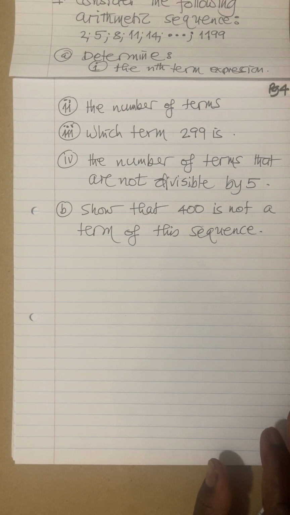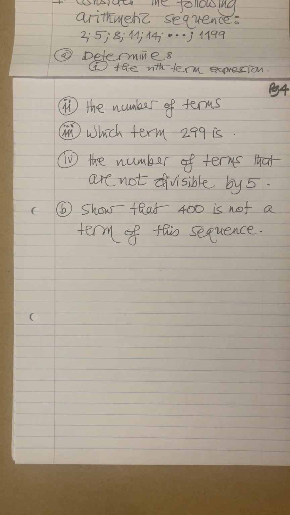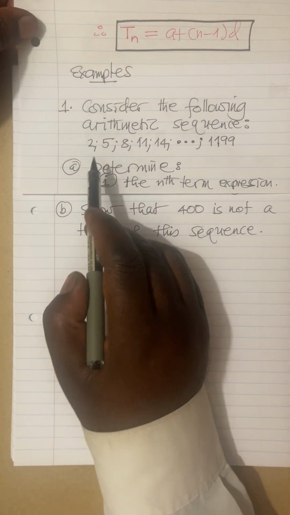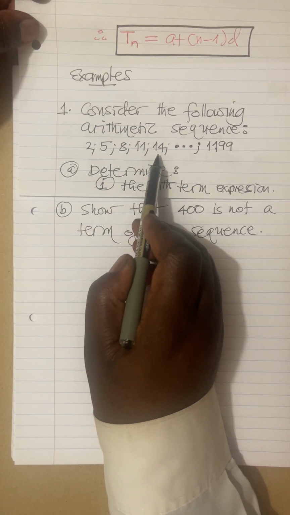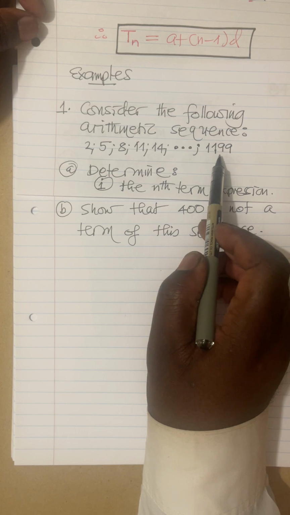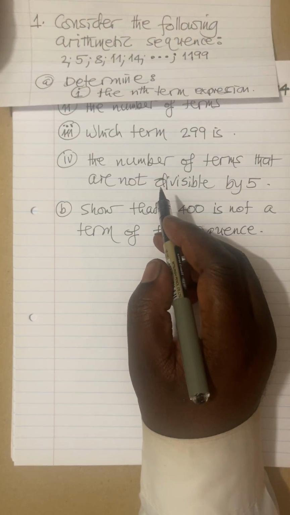Just up to there, let's go through this. We have one more question that we have to deal with, a little bit more involving, but let's go through this. Now, notice what we have here. We have a sequence 2, 5, 8, 11, 14, and so on, all the way up to 1199. We're required to determine the nth term expression or formula.